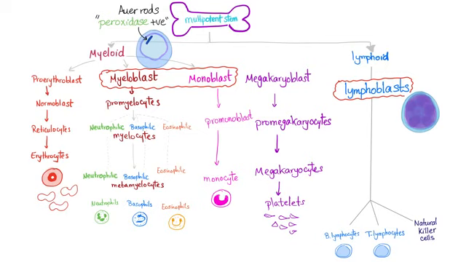Acute lymphoblastic leukemia, on the other hand, is here. That's why we have lymphoblasts, the parents of the lymphocytes. So AML is here and ALL is here. One thing to remember, acute myelogenous leukemia have these eosinophilic granules known as Auer rods.